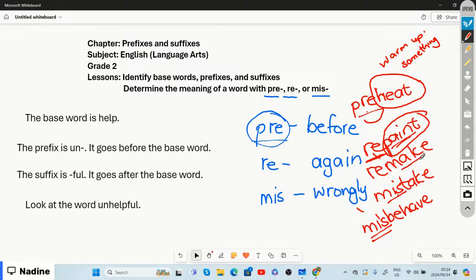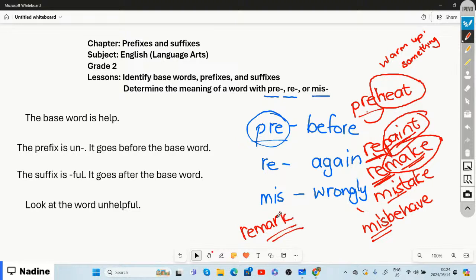The same as like make. I make something, I construct something. That is our base word. Make is our base word. But as soon as we add our prefix re in front of that word, then it means that I'm making it again. Even marking, yes, remark, right?